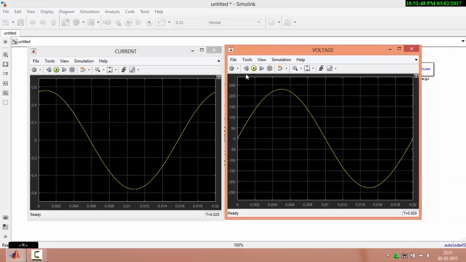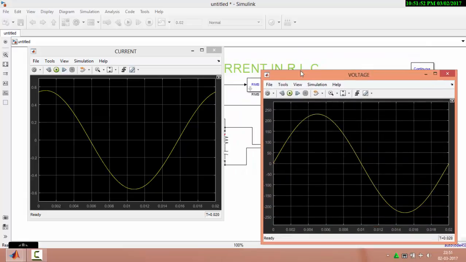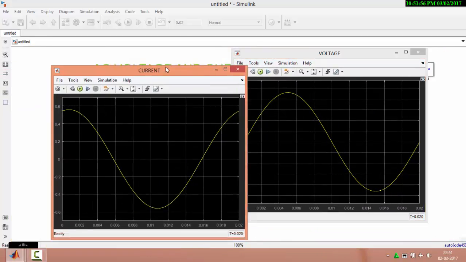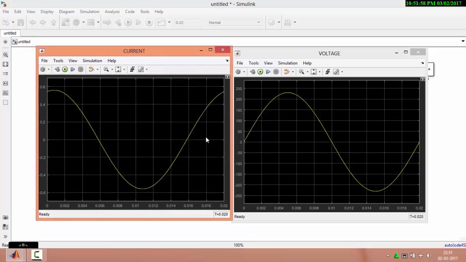Now you can see that again this is the voltage and current response across a capacitor, that is the RC network. In the RC network the voltage starts at 0, the magnitude is 0, but at 0 angle the current is positive maximum.